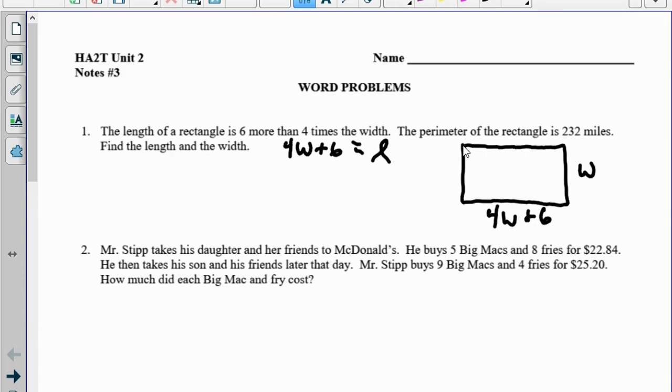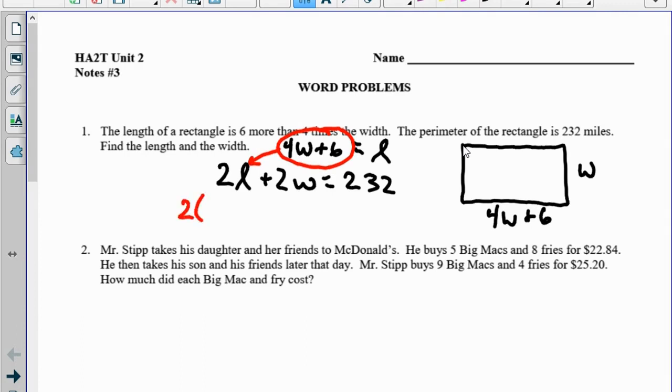And then we also have the perimeter, so 2L plus 2W equals 232. And we're setting up a situation where we make a substitution into a system of equations.